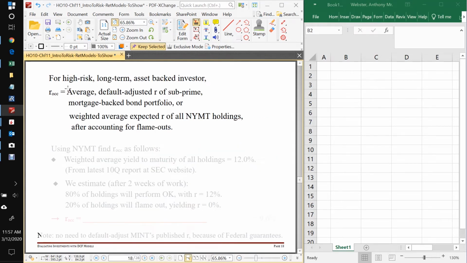All right, so let's see how this would work for our high-risk, long-term, asset-backed investor. Remember, opportunity cost of capital is going to be the average. We want the average of all the stuff in our opportunity cost investment.